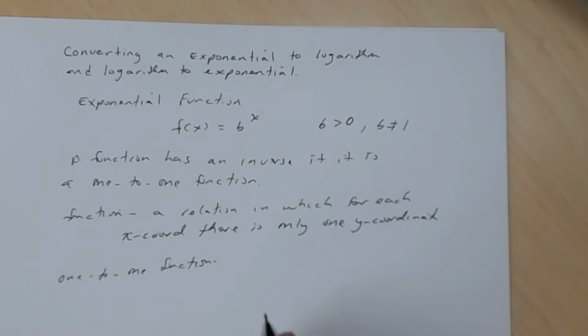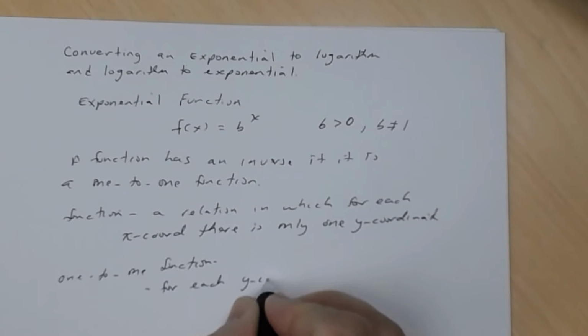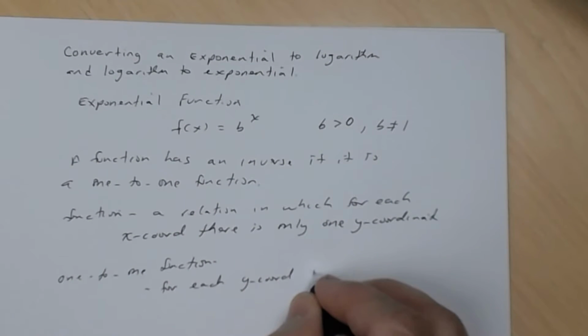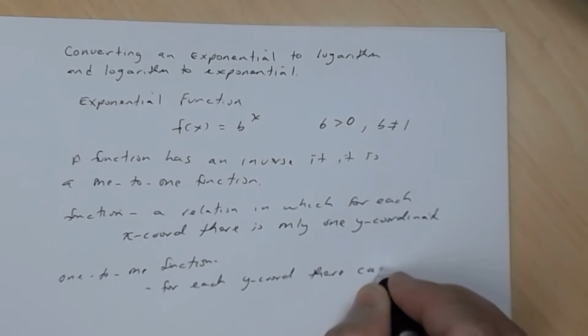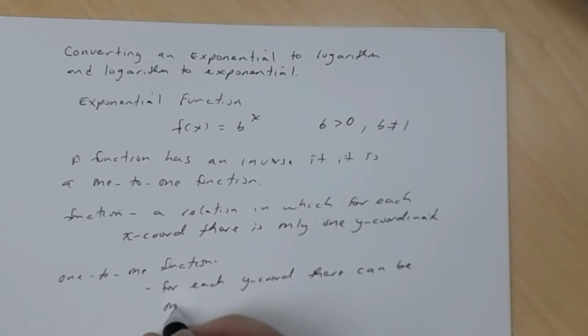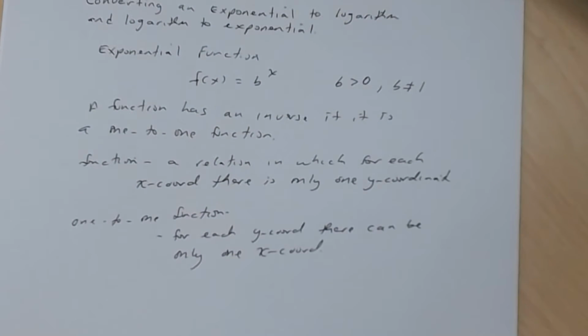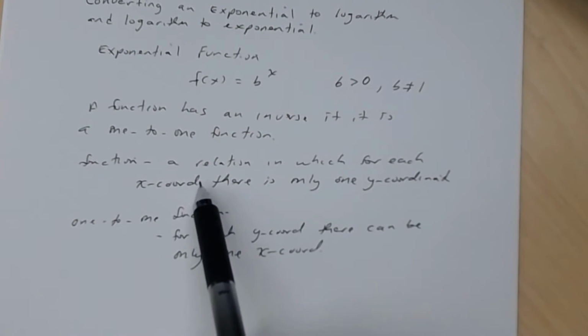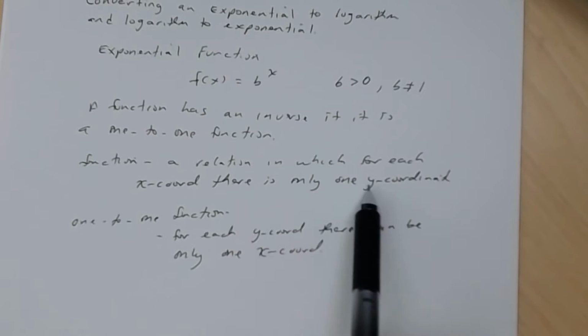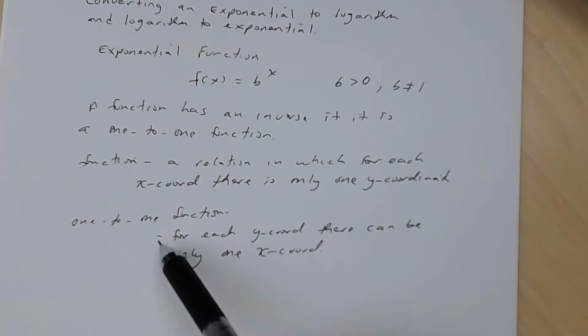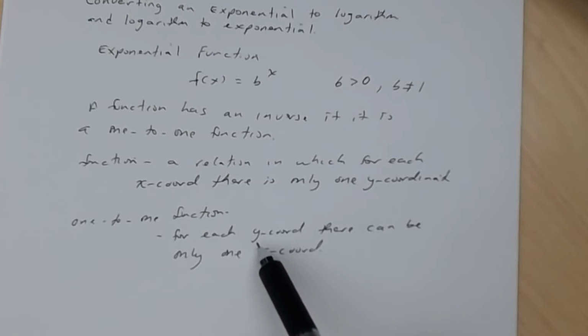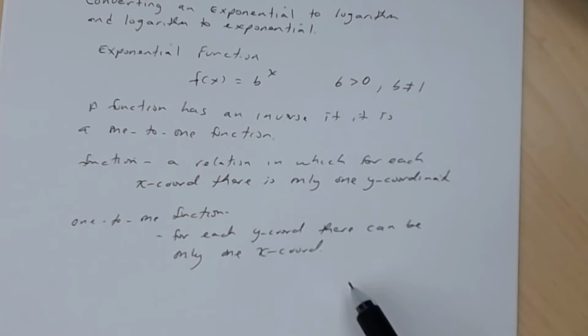A 1-to-1 function says this: for each y-coordinate, there can be only one x-coordinate. Right, so it's just the other way if you want to think about it that way. So for a function, for each x-coordinate there is only one y-coordinate. A 1-to-1 function says that for each y-coordinate, there can be only one x-coordinate.